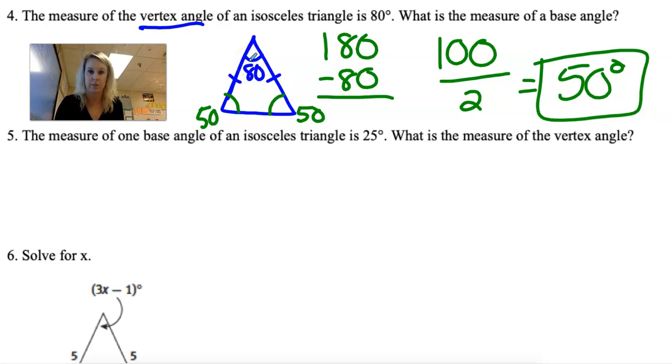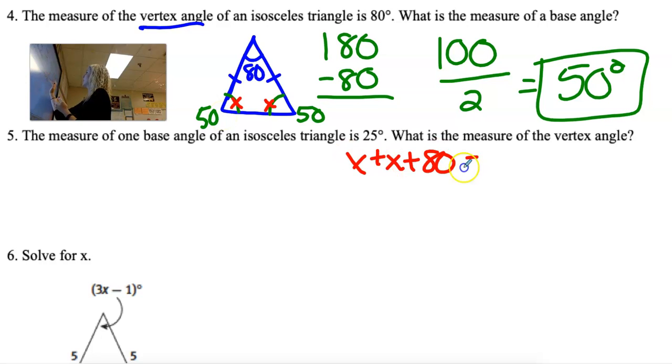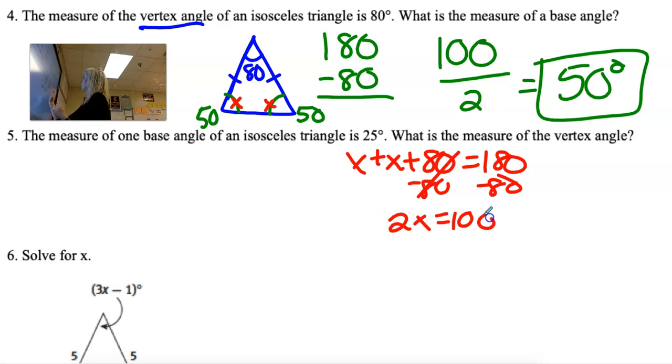So that works out. Okay, now if you wanted to do it the algebraic way, I know my base angles are the same. I don't know what they are, so I can call them x. Then you could write an equation of a triangle and say x plus x plus 80 equals 180 using our triangle sum theorem. Solving this is going to get you the exact same thing of 2x equals 100, divided by 2, and you're still going to get 50.